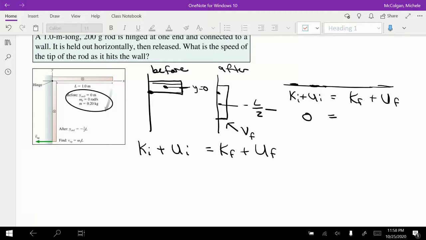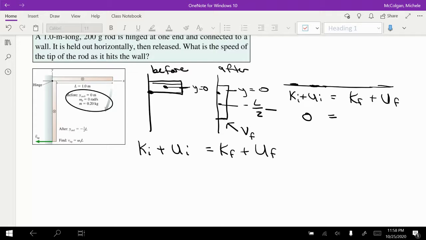And now what about on the right here? Well, we're going to have kinetic energy, and we're going to have some potential energy, because this is our y equals 0, and now we're going down to negative L over 2.